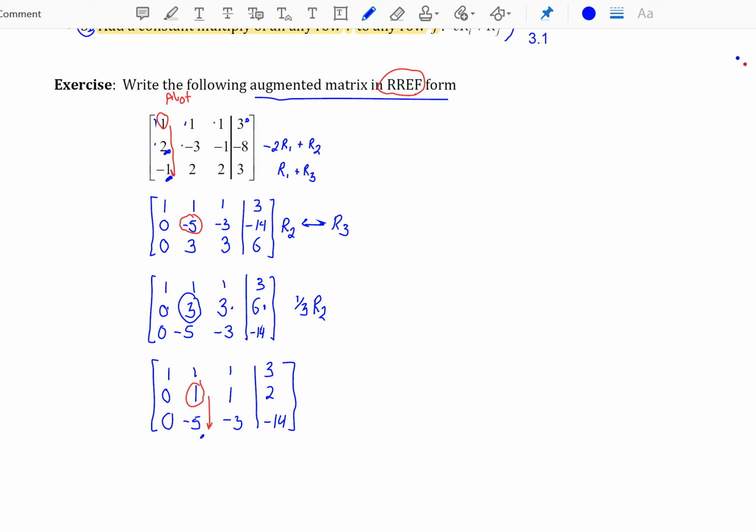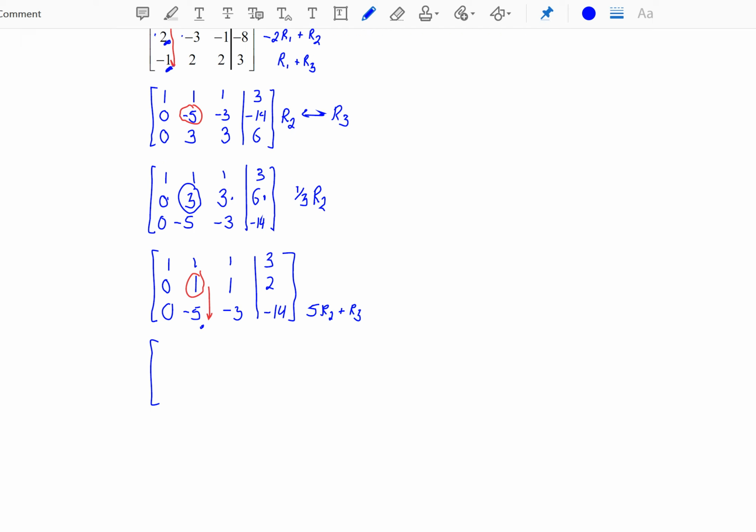Now to turn this -5 into a 0, we're going to go maybe 5 times row 2, add that to row 3. In doing this row operation, the first 2 rows will not change.